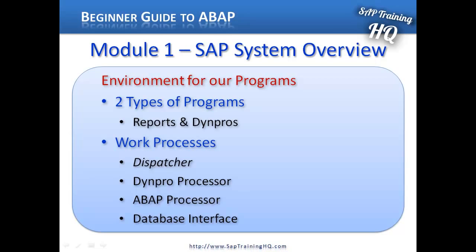It is the dispatcher that controls the distribution of the work processes to the system users. The dispatcher will keep an eye on how many work processes are available, and when a user triggers a transaction, the dispatcher's job is to say, here you go, here's a free work process, go and use it.